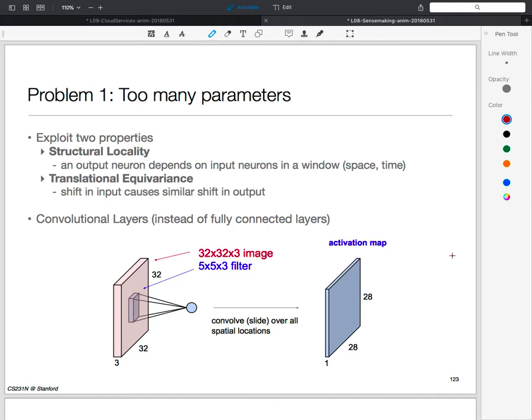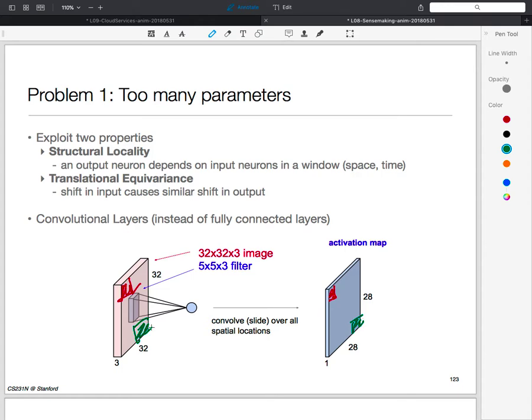So I maintain this spatial structure, or in the case of time, I maintain time. A pixel out here, for example, will only depend upon this part of the image. A pixel out here will only depend upon this part of the image.